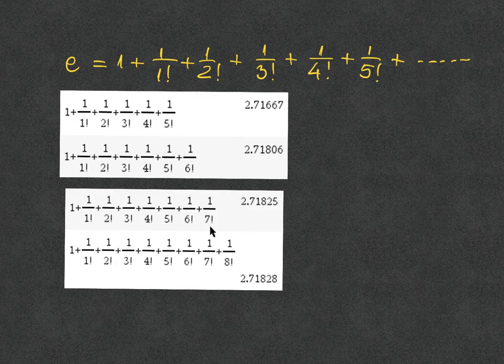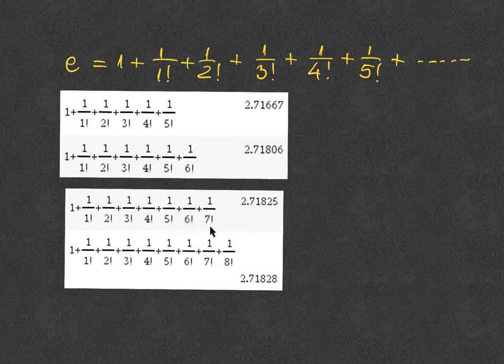So here is an estimate for the value of e. We said that we can obtain the exact value if we add this infinite number of terms, but of course we can never add all these terms. So let's start to estimate it. If I add all until 5 factorial, I get this estimate for e. If I add one more term, see, it's growing a bit, but it's still very close.